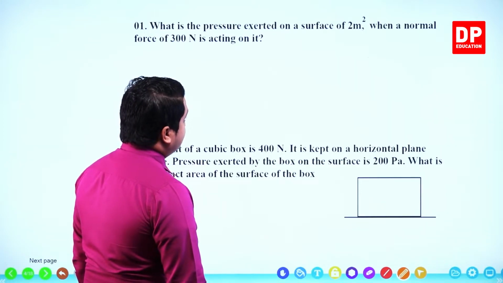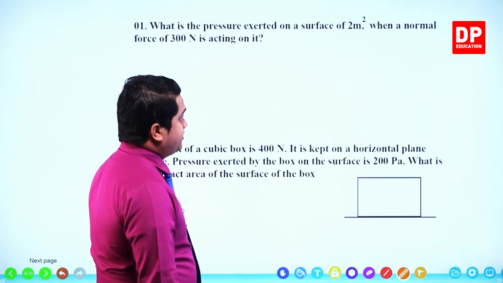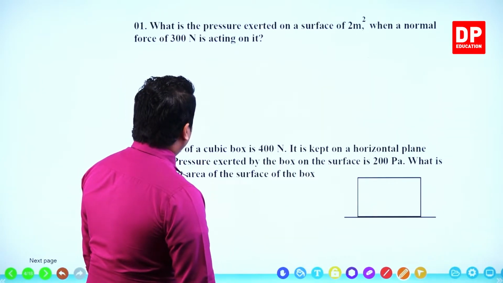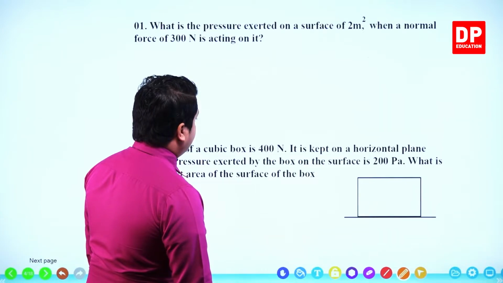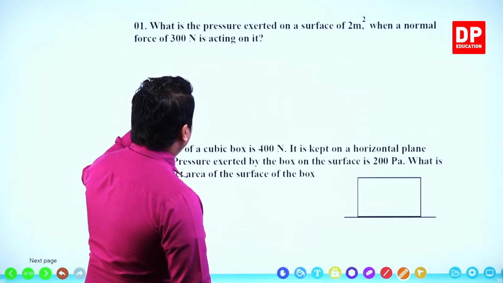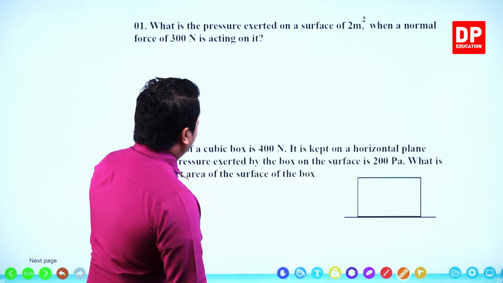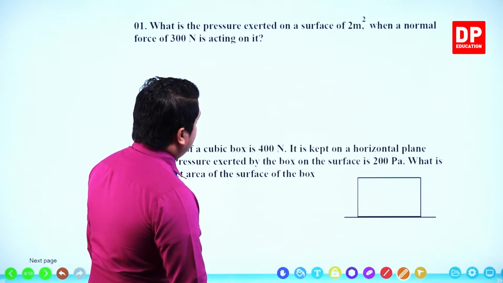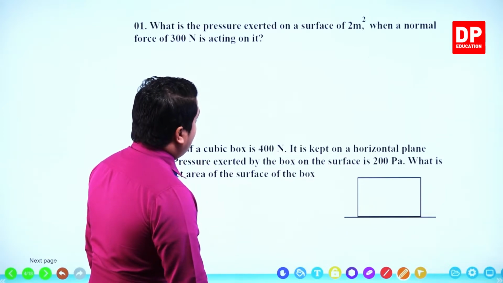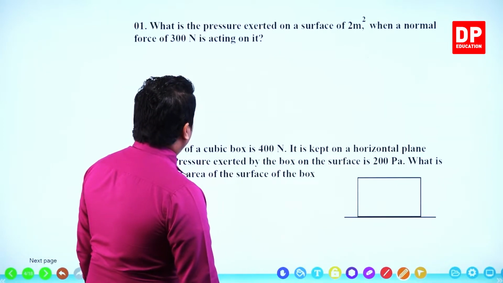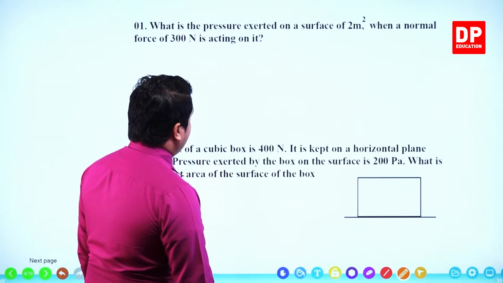That means the surface area is 2 square meters, when a normal force of 300 Newton is acting on it.